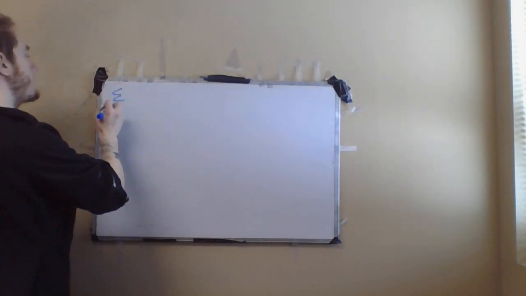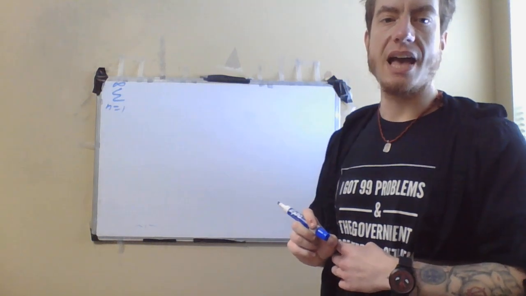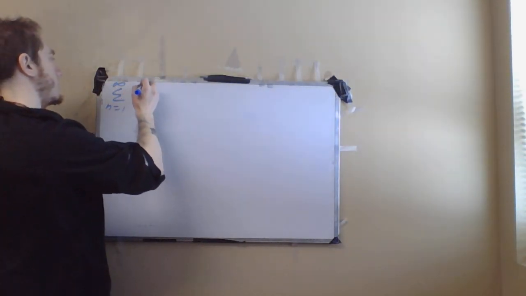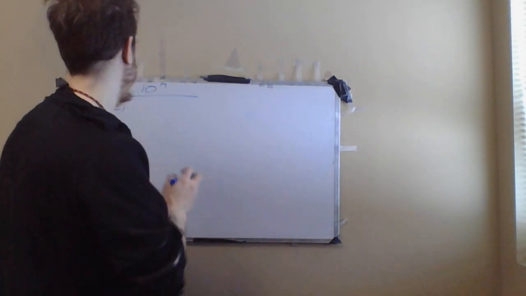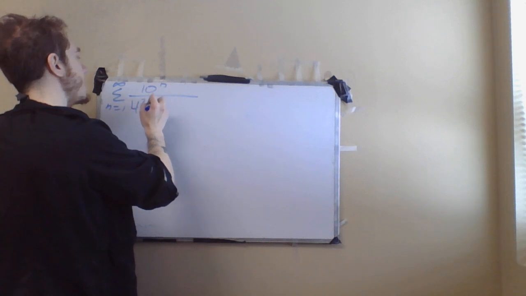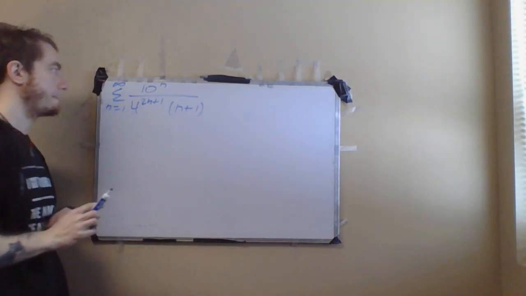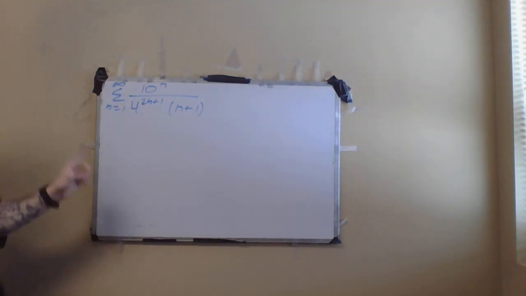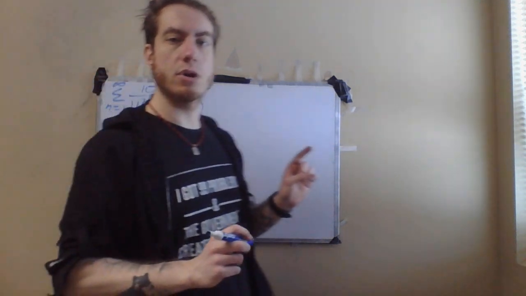Let's suppose that I have the sum from n equals 1 to infinity, and let's suppose here that we have 10 to the n divided by 4 to the 2n plus 1 multiplied by n plus 1. Now, I'm going to say that when I look at this, I sort of expect this thing to converge.